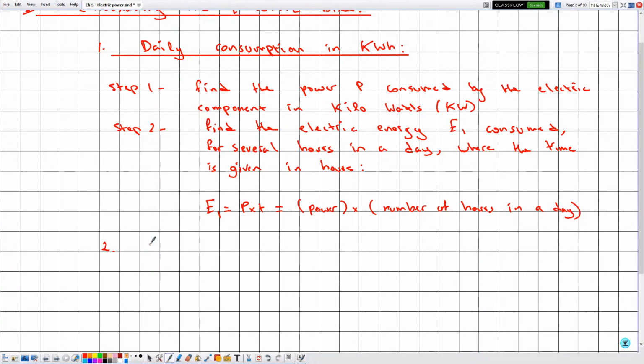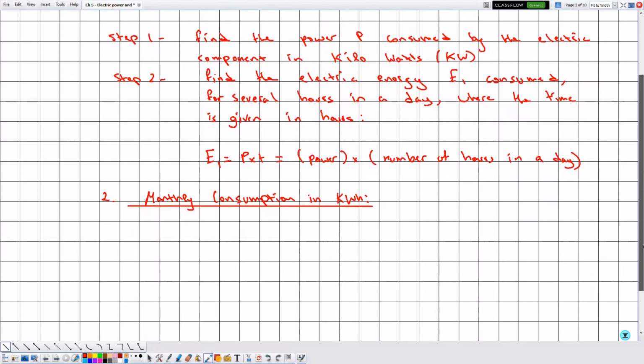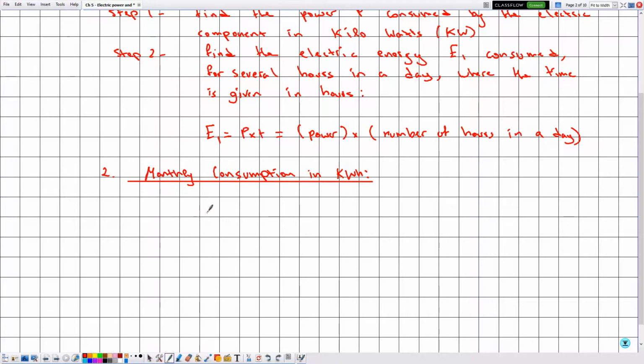So let me say this is step number 3: find the electric energy E consumed for 1 month.